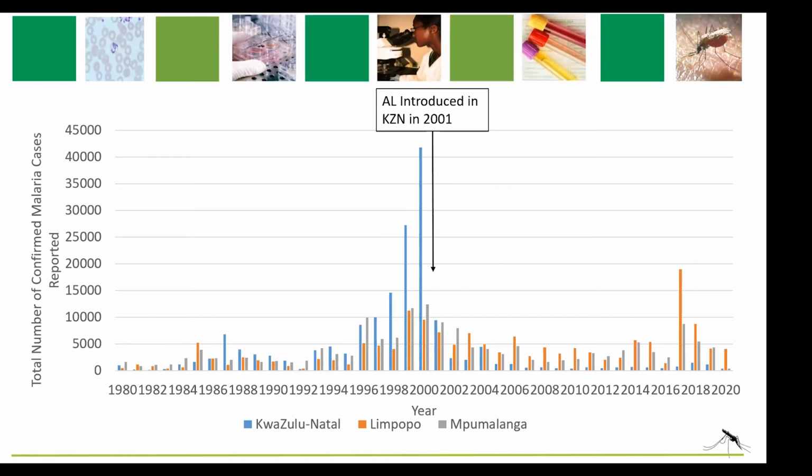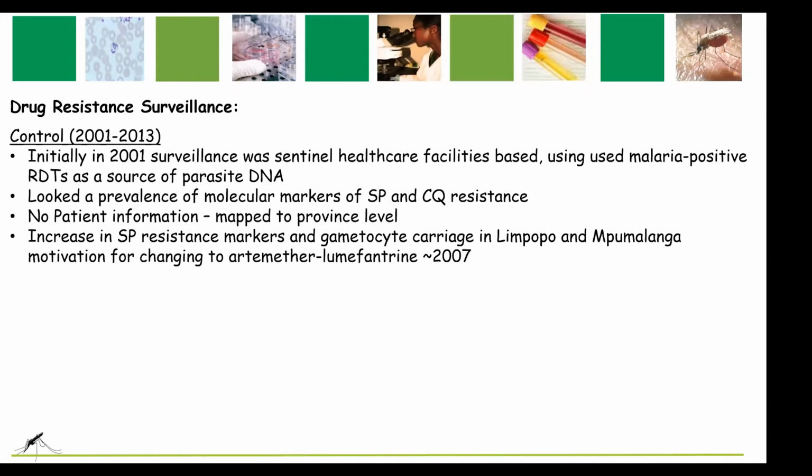The drug resistance program has taken two stages. Next slide, please. Initially, after 2000, it was mainly focused on control. We collected positive malaria rapid diagnostic tests from sentinel health facilities across the three provinces. We looked at markers that were available: the sulfadoxine, pyrimethamine, and chloroquine resistance markers.